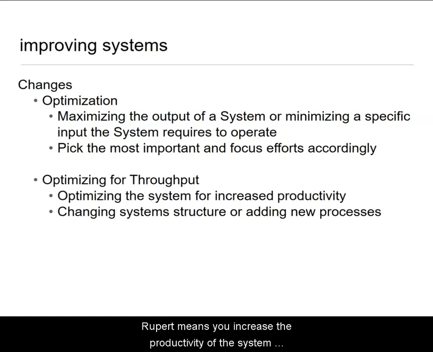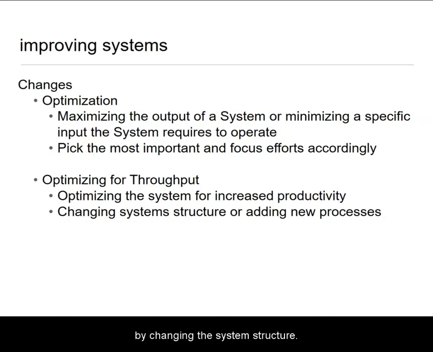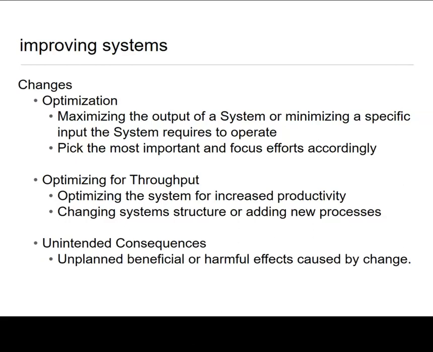Throughput means you increase the productivity of the system by changing the system's structure. Essentially, you're tweaking existing resources or adding new resources to the system. Unintended consequences can change the system, and they can be either good or bad. However, most of the time, we know that they are bad.